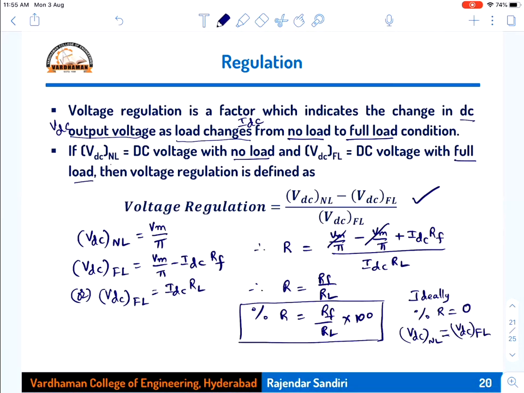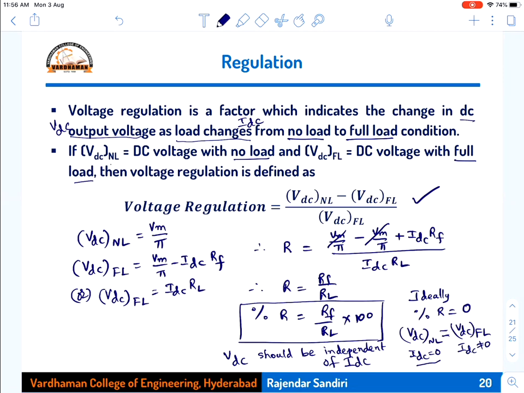One is when IDC is equal to 0, no load; the other is when IDC is not equal to 0, some current is flowing. But actually VDC should be independent of IDC.